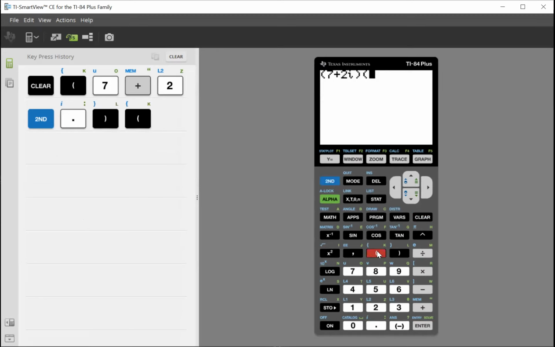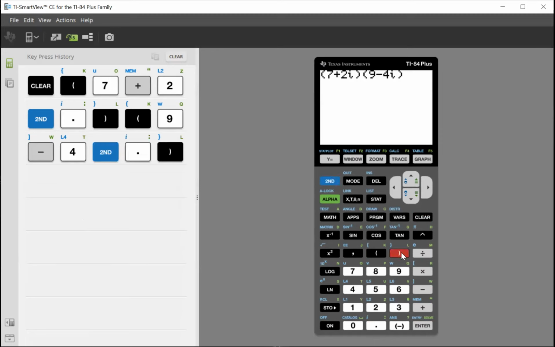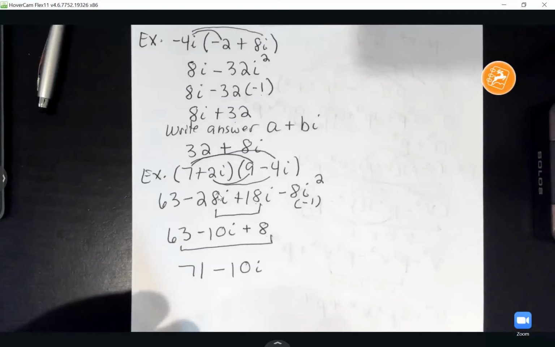Open up my next parentheses. 9 minus 4, and then second decimal to get the i. Close those parentheses. So we should end up with what? A 71 minus 10i. So, yeah, when it's just imaginary numbers, I love using that calculator.